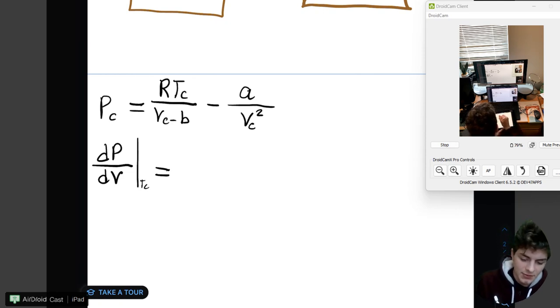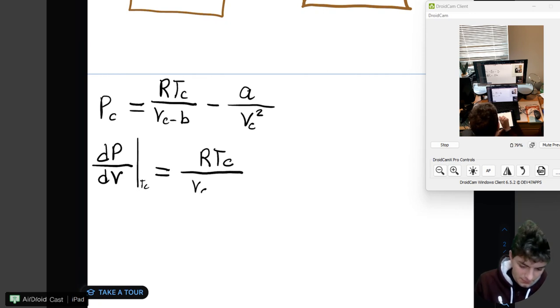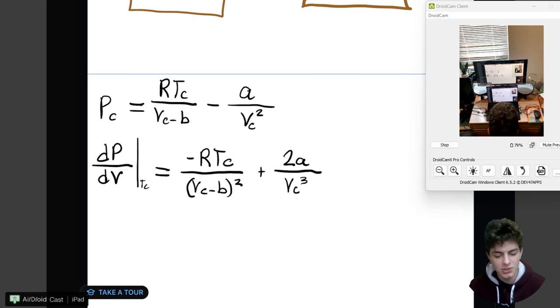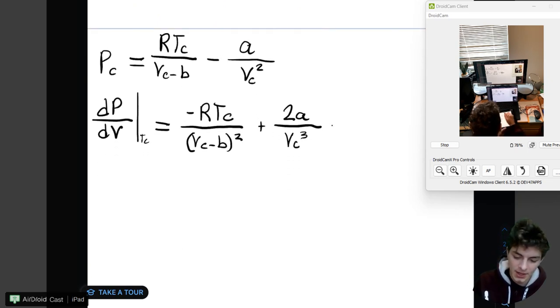So RTC will remain a constant. VC minus B will get squared. That will become negative, and this will become positive, and I believe we should get that if I differentiated correctly. So that's our first derivative, and again that we said was equal to 0.